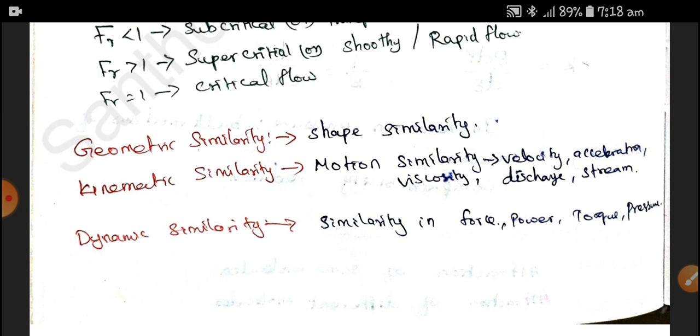It is very important for big component construction like a ship flowing in a sea or a river, an aeroplane flying in the air, or if we want to design a dam or a turbine. These model laws are very important and give very accurate values in terms of all the similarities.